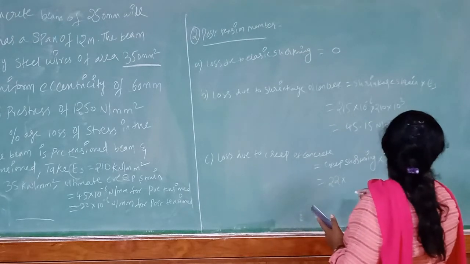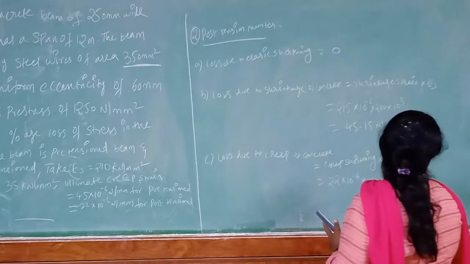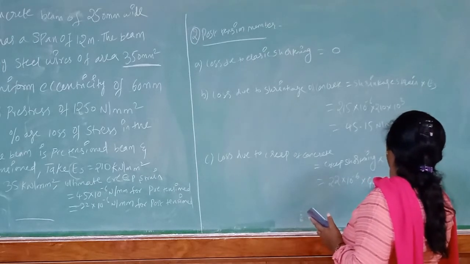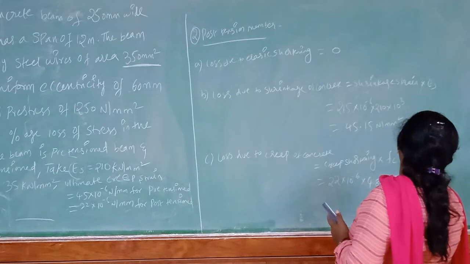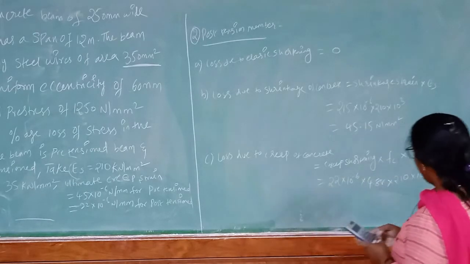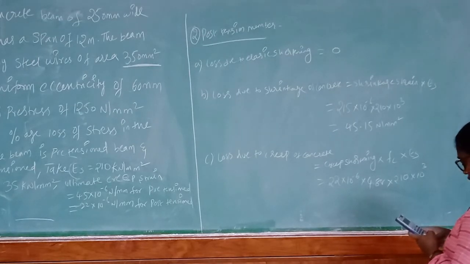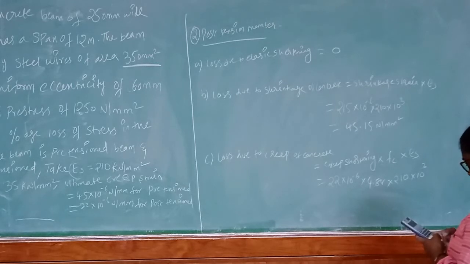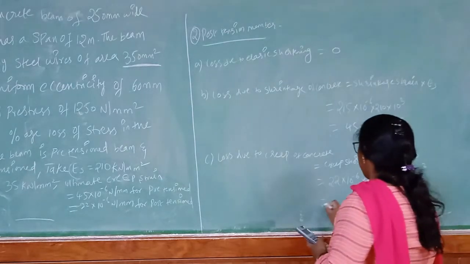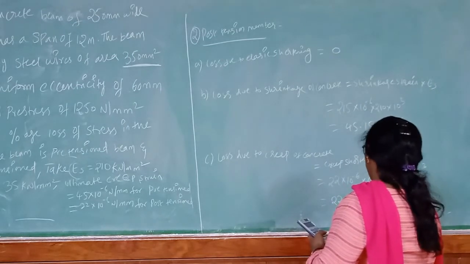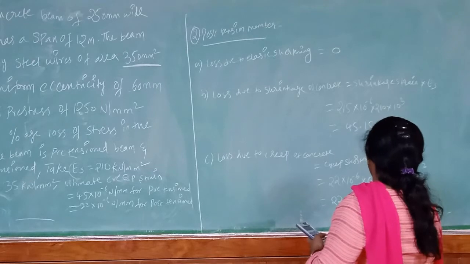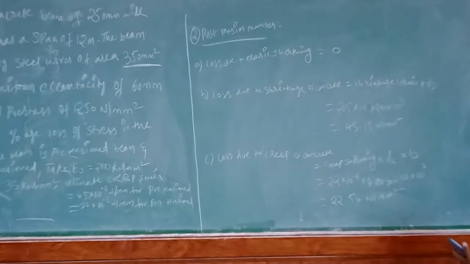Please check the question. 22 into 10 to the power minus 6 into 4.88 into 210 into 10 to the power 3. Here you have got this answer.